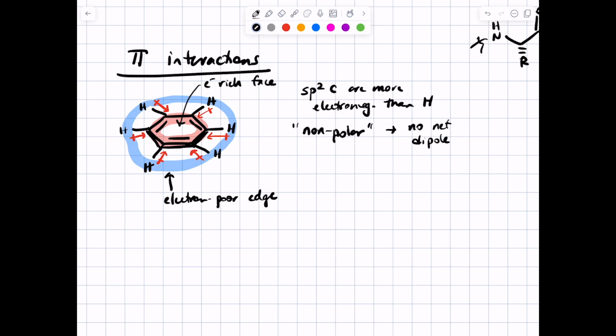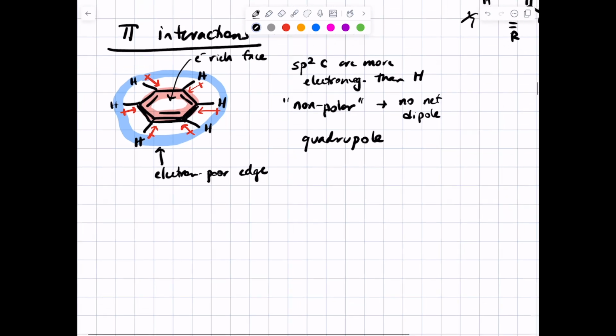And that kind of arrangement, it's not a dipole, it's called a quadrupole. And that gets into some vector math stuff that we don't need to worry about. But you can see interactions of various groups with the electron-rich or electron-poor portions of a benzene ring.